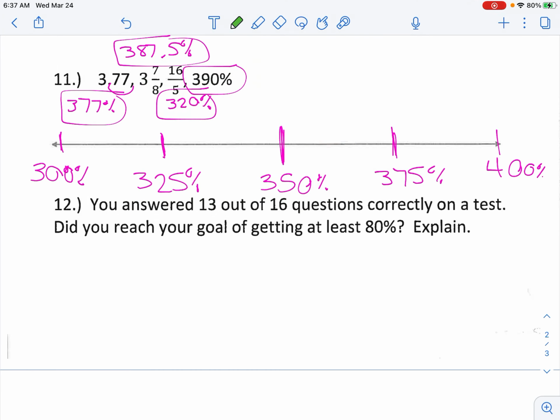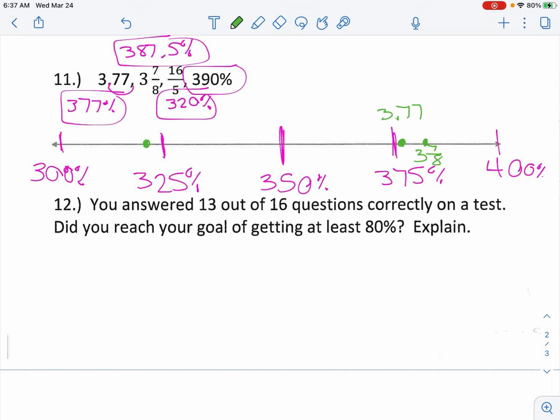So 377%, which was originally 3 77/100ths, is going to go right here. 387 5/10, that's going to go not too far away, and that was listed as 3 7/8. 320% is going to go right in front of 325%.